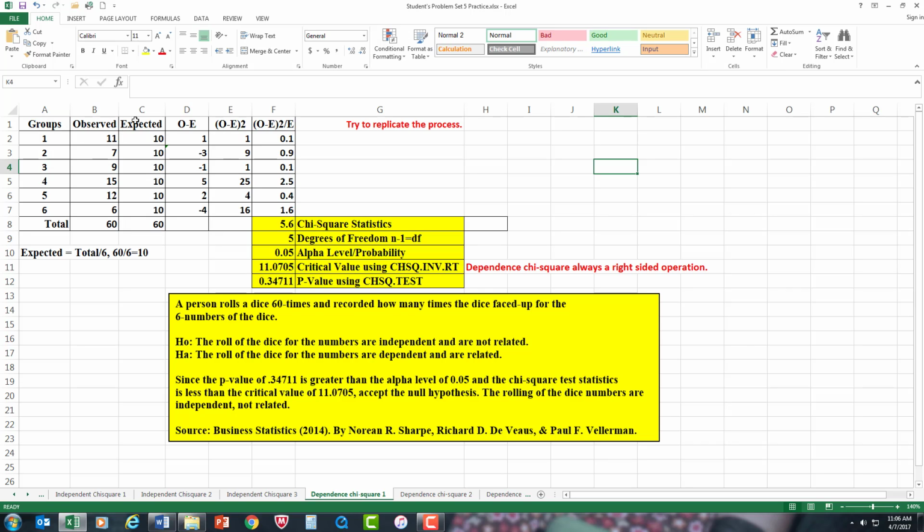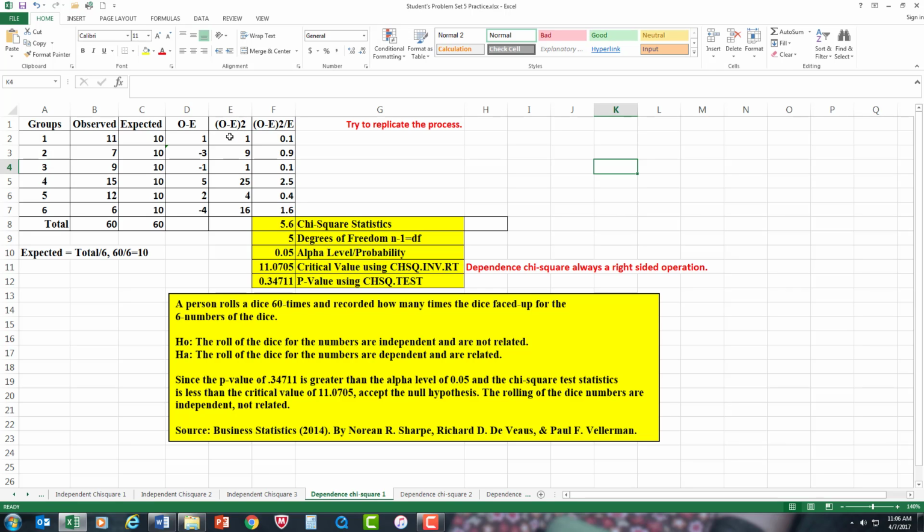Now, on the top row, you want to put your chi-square operations. So you got your observed, you got your expected, which we'll do in a moment, and then you want to have a column for observed minus the expected.